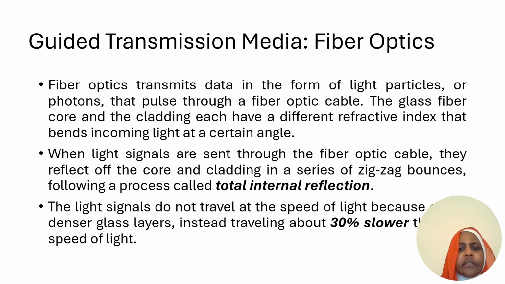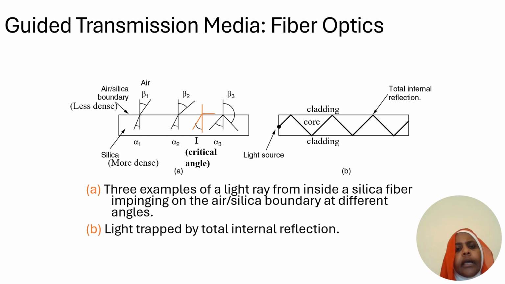The fiber signals don't travel at the speed of light because of the density of the glass, and can go slower by around 30%. As we can see here, this is how total internal reflection happens.